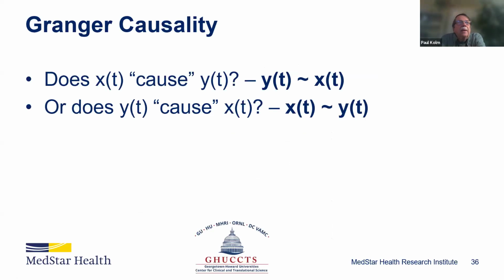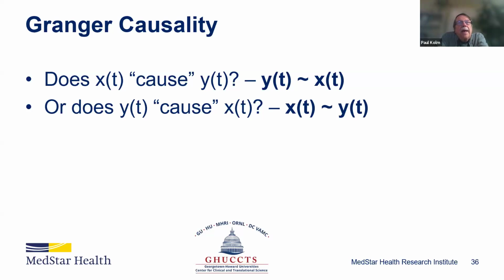So in terms of asking whether we have Granger causality between two different time series, remember we just looked at the time series of admission rates before and after our intervention.